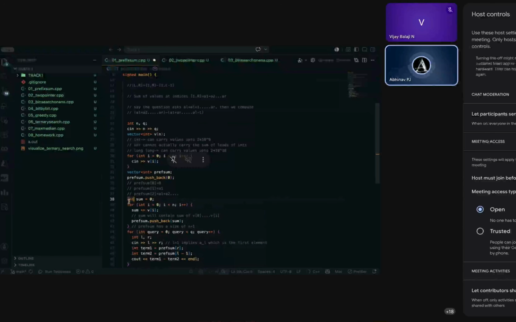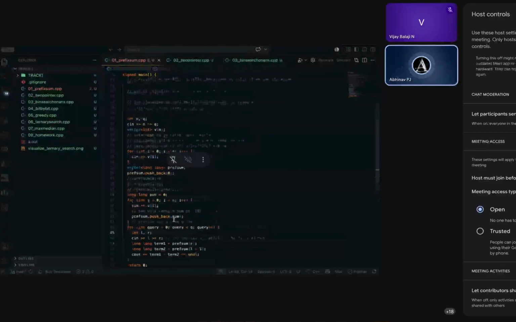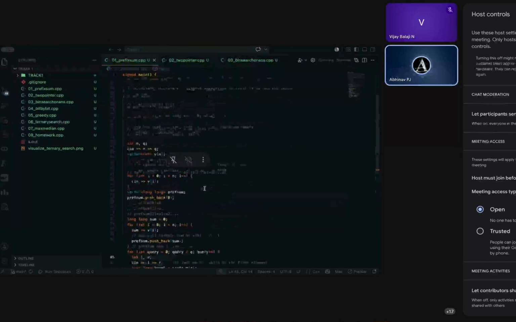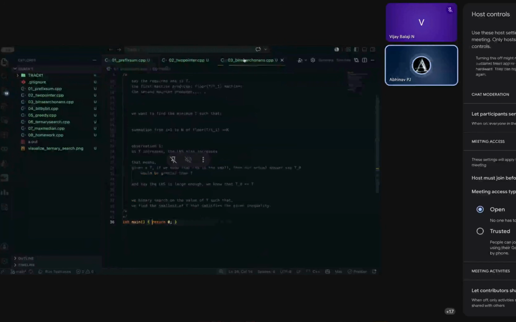But the values of sum can exceed 10 to the power 9, so this should be long. And similarly, this should be long, and this should be long. So this is something we must take care of a lot in competitive programming: we should ensure that the values our data types hold do not exceed the maximum prescribed value.